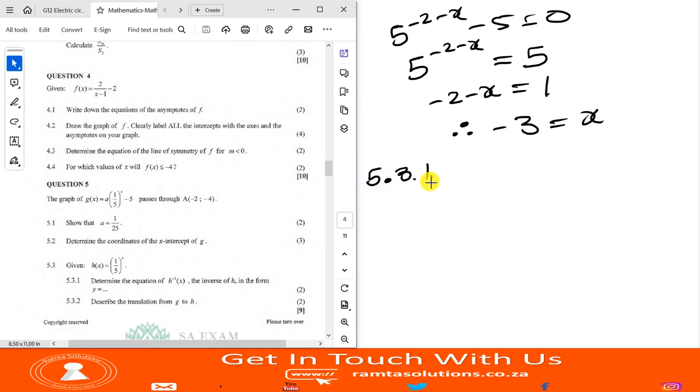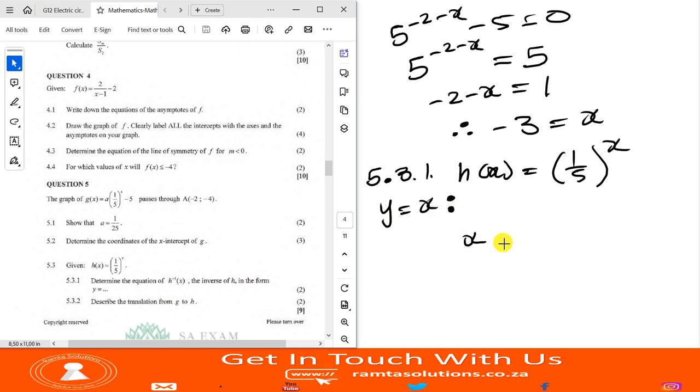5.3.1. They say h of x is 1 over 5 to the power x. Determine the equation of h inverse of x, which is the inverse of h, in the form y equals whatever. So reflecting on the line y equals x, we will say x equals 1 over 5 to the y. So this means y is log x base 1 over 5.